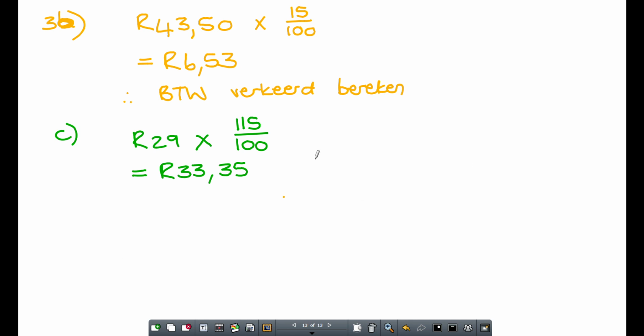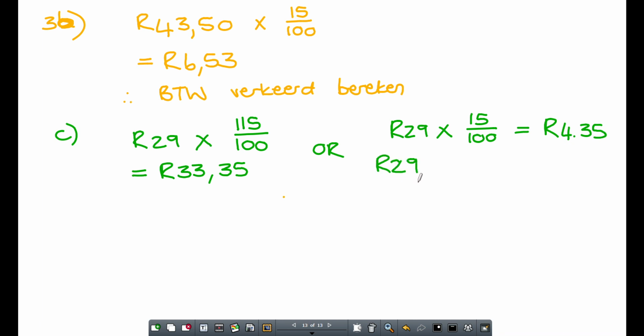Jy wil graag, okay. So that or 29 rand times 15 over 100 gaan dan vir my gee, dit gee dan vir my R4.35 en dan gaan sê jy R29 plus die R4.35 wat dan vir my gee R33.35.